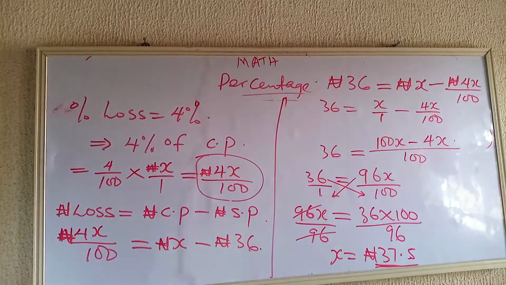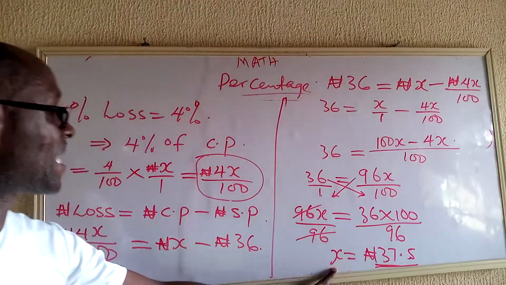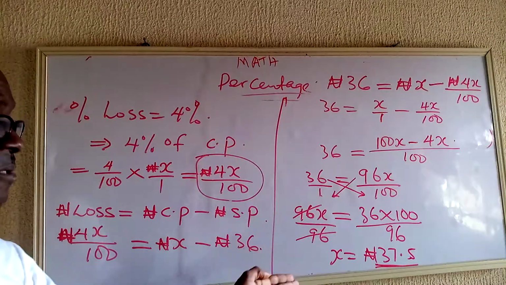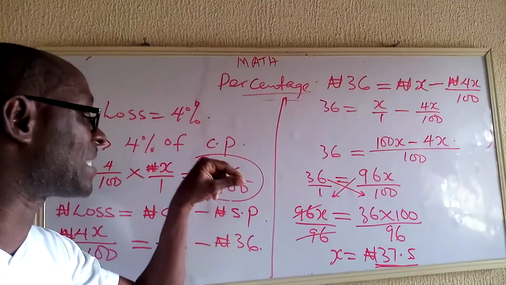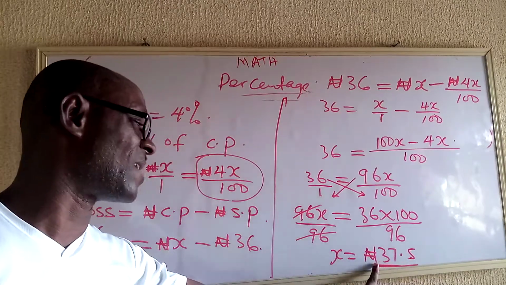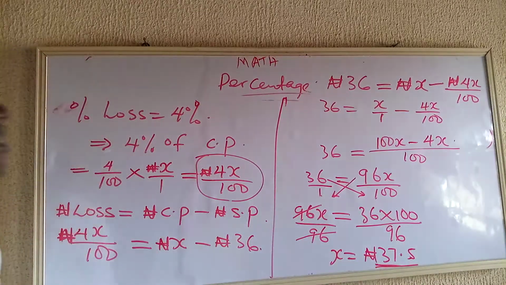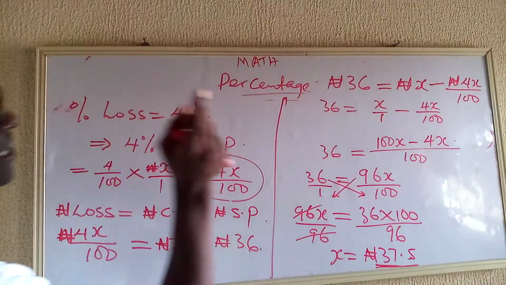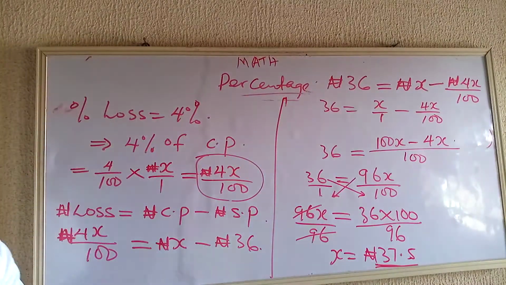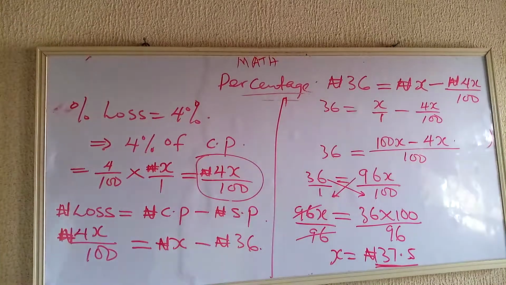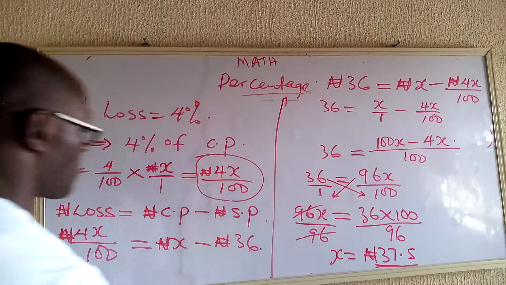You can see that since x represents the cost price from the beginning, the cost price of that item is 37.5 naira or 37 naira 50 kobo, while the selling price is 36 naira. If you want to find out whether you are right or wrong, you can find out.